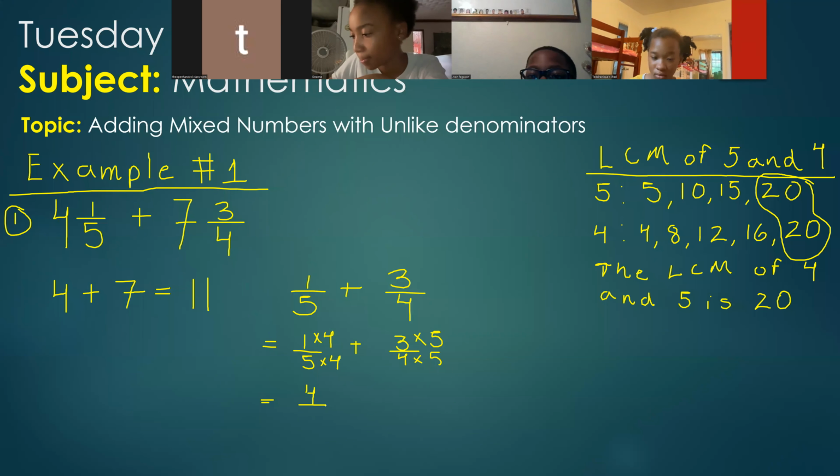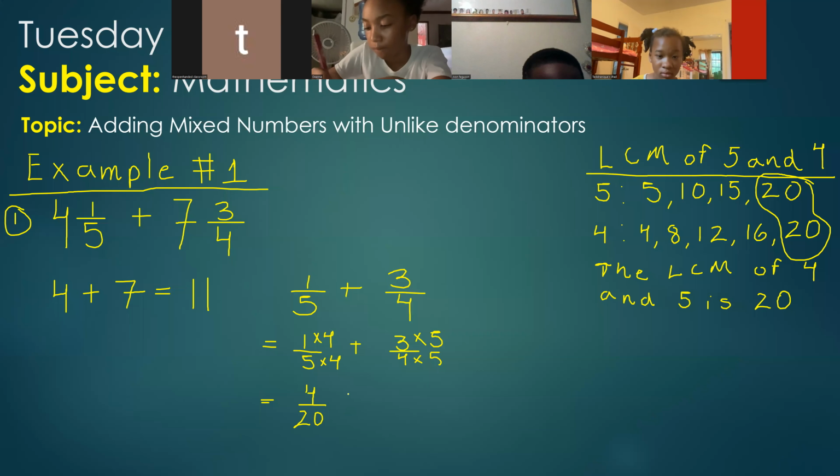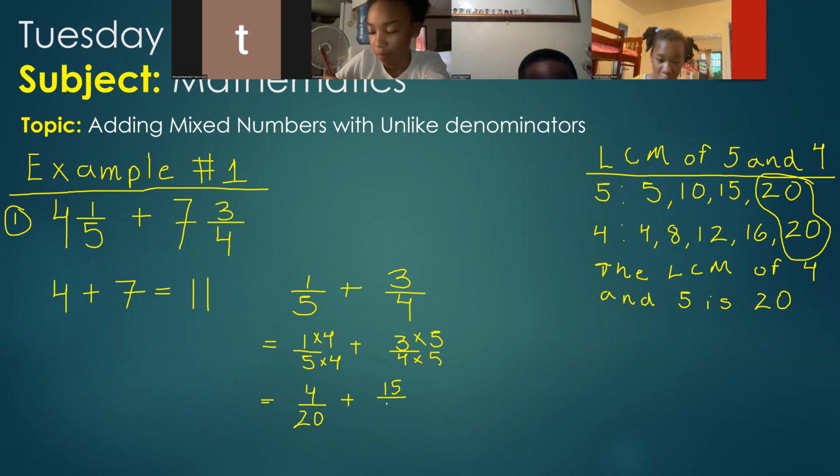And 5 times 4 is what? 20, very good. Plus 3 times 5 is what? 15. And 4 times 5 is 20.